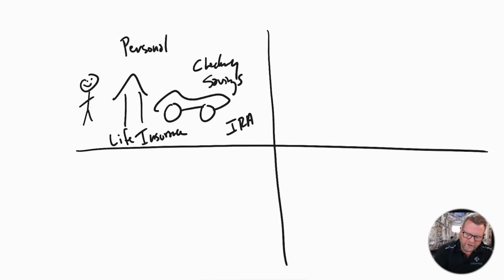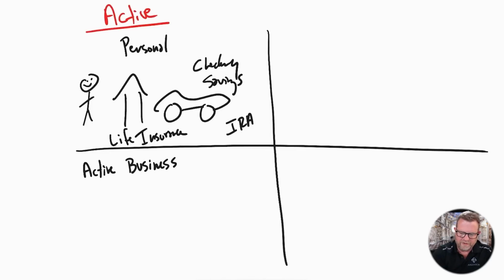Then you look at your businesses, and this is your active businesses. This entire side over here is what I call active. This is sweat of your brow. These are the things that you are doing that create income. So this isn't an investment. This isn't your real estate. This isn't your stocks and things like that. But this is active businesses that you are undertaking.